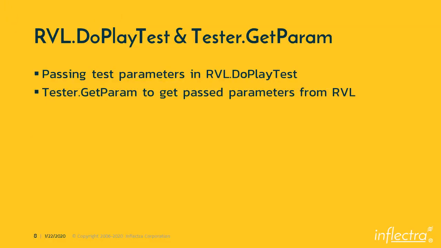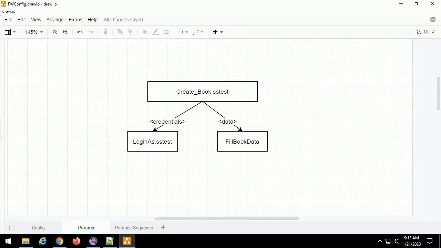Test parameters make tests more flexible. They may turn standalone tests to a building block for a bigger testing framework. In this scenario, the test gradebook calls the test login as, passing some input parameters.